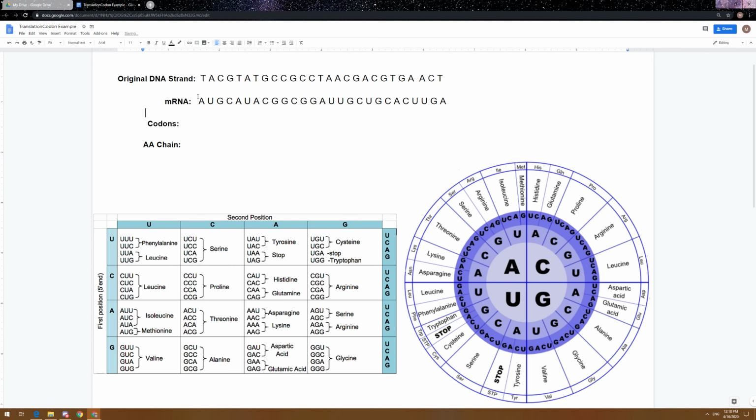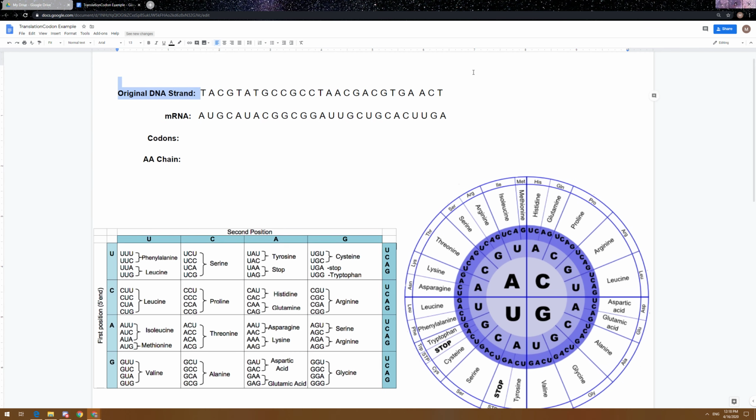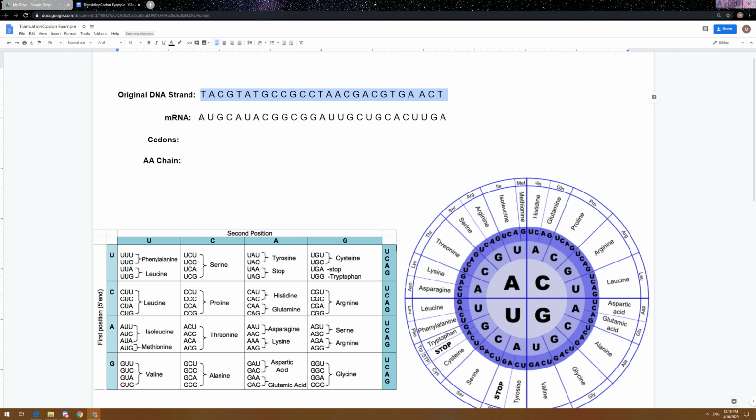And so what I've just done here is successfully transcribed my DNA into messenger RNA.